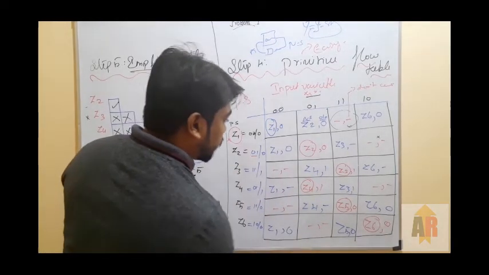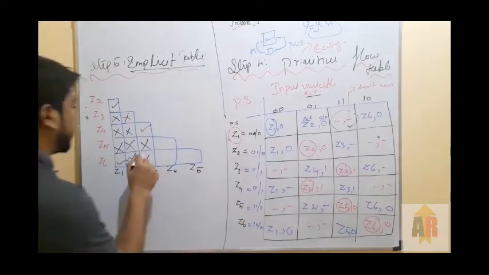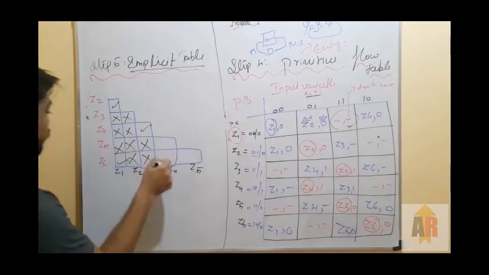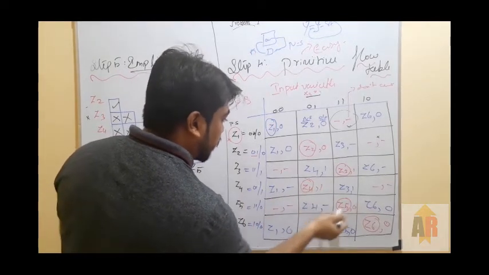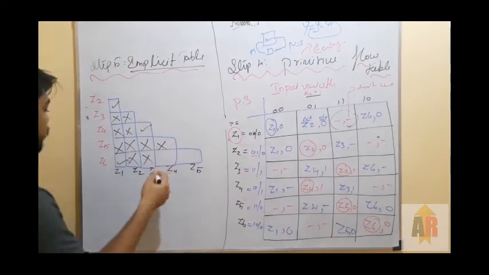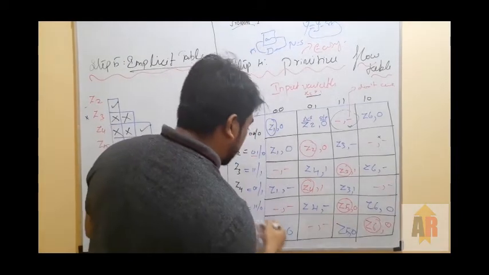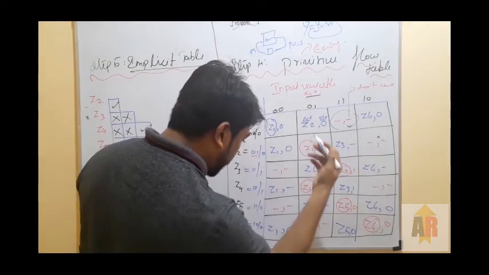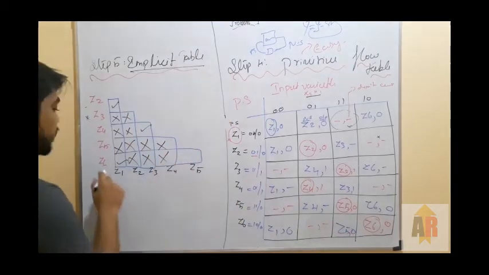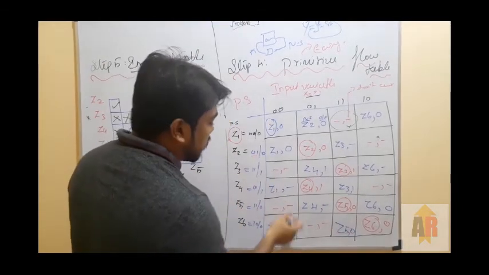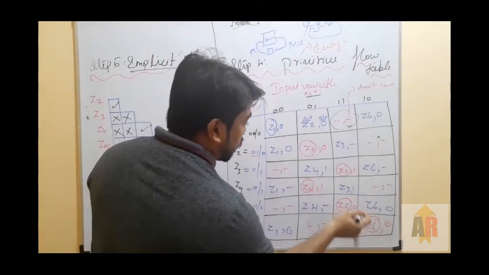No problem, no problem, but that's a problem. Cancel it. Then Z4 with Z5. No problem, but there's a problem. Z4 with Z6. No problem, but there is a problem. And finally Z5 with Z6. No problem, no problem, no problem.